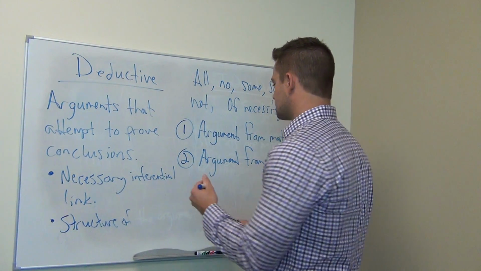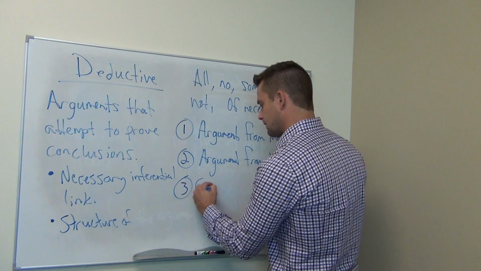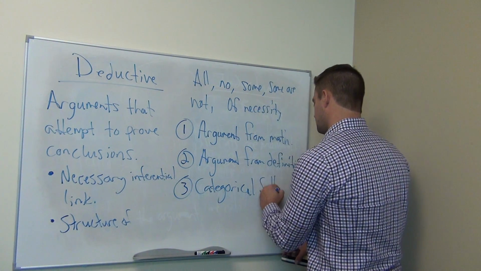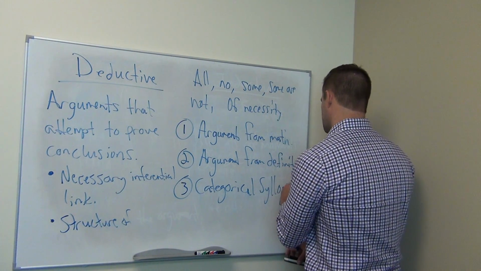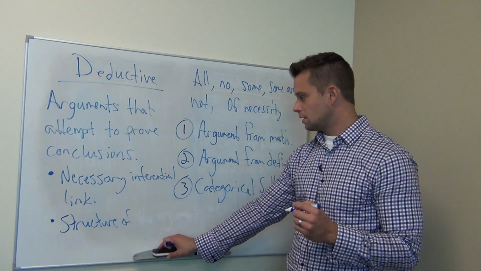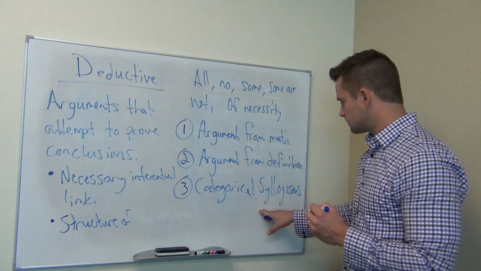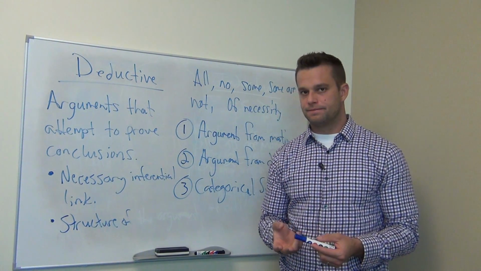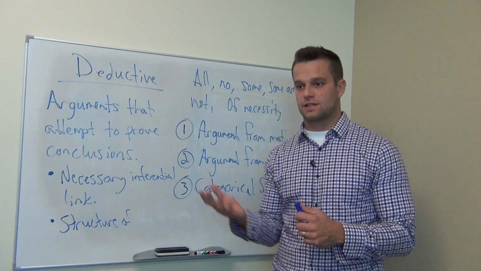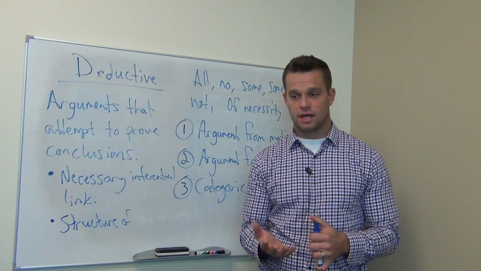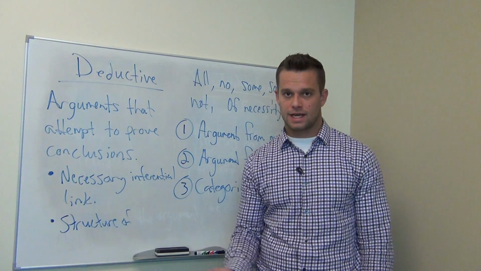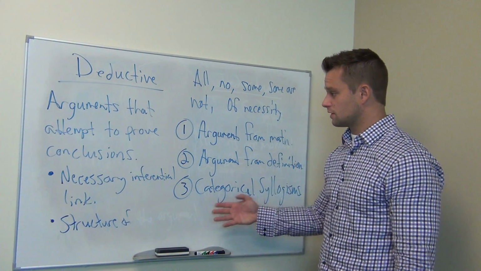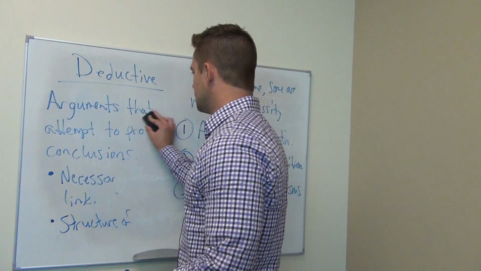Categorical syllogisms are also deductive argument forms. A categorical syllogism is a deductive argument that has two premises and a conclusion. Now you could have inductive arguments that have two premises and a conclusion and very closely resemble categorical syllogisms, but categorical syllogisms themselves are deductive arguments.